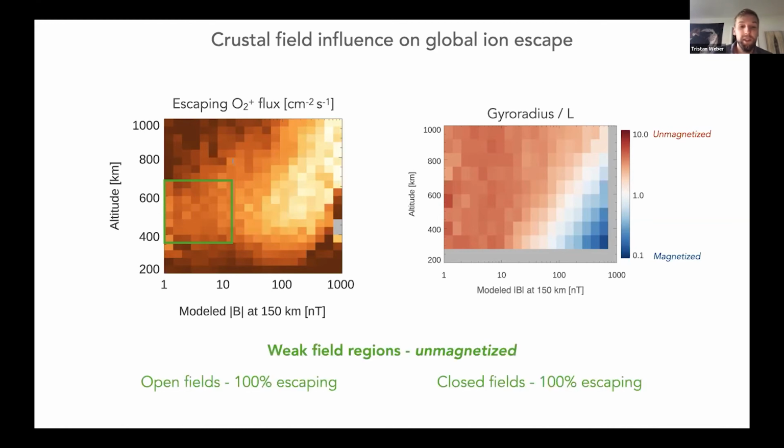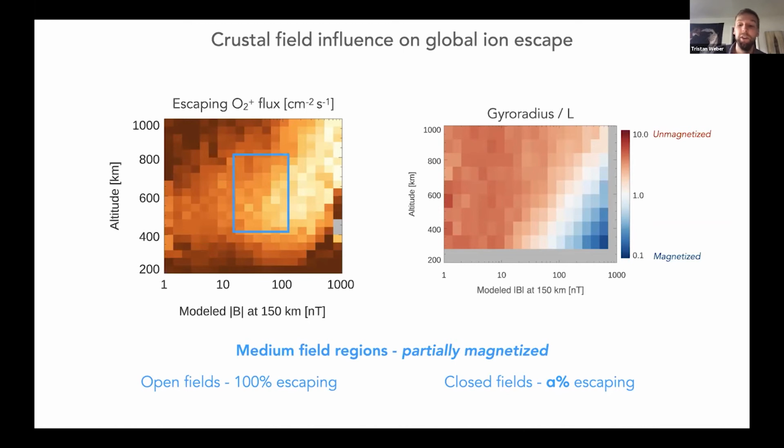To make these estimates, I'm going to say that in weak field regions, particles are fully unmagnetized. And so regardless of the field topology that we measure, these escaping O2+ ions and O+ ions will just fly away from the planet because they have enough energy. In the medium field regions, the particles are only partially magnetized. So any particle we measure on an open field, I say, is going to escape.